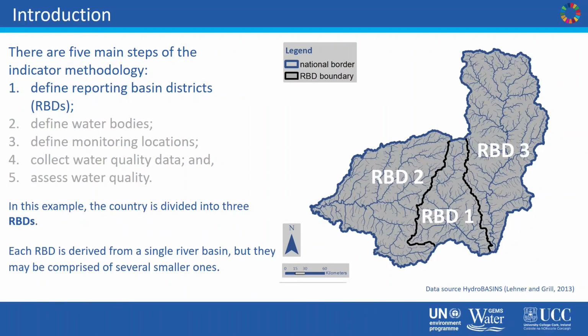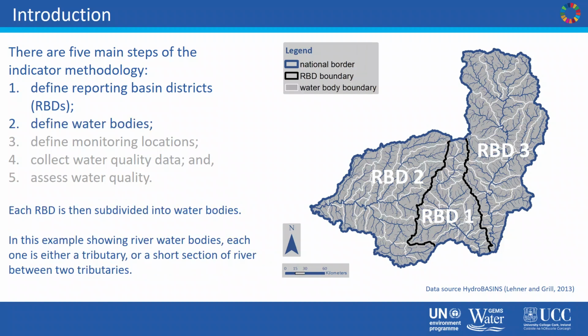RBDs, or reporting basin districts, provide the sub-national reporting units to disaggregate the national indicator score. Countries report the national score, but it can be broken down by these hydrological units. In the example shown here, the country has been divided into 3 reporting basin districts.